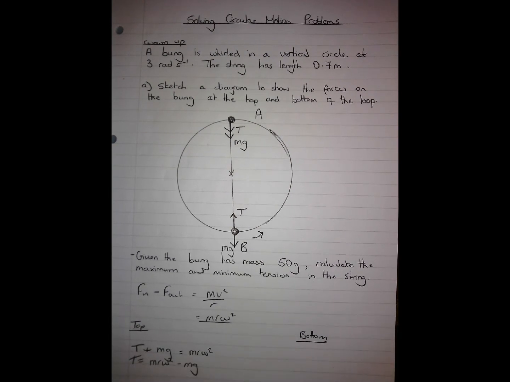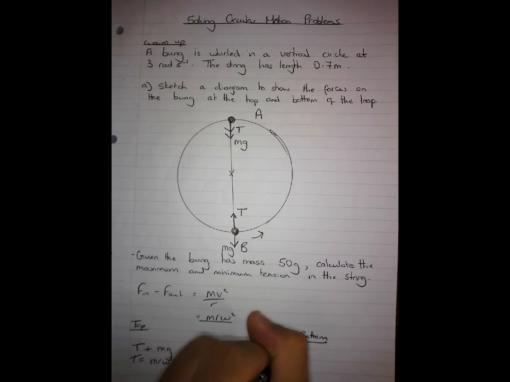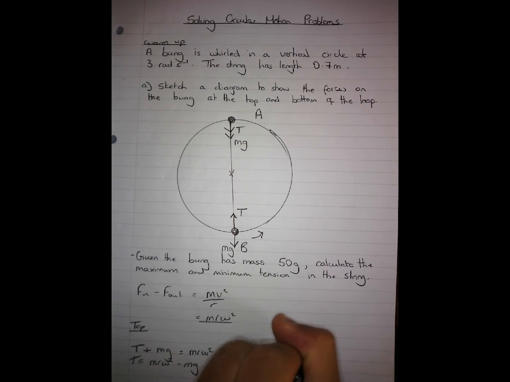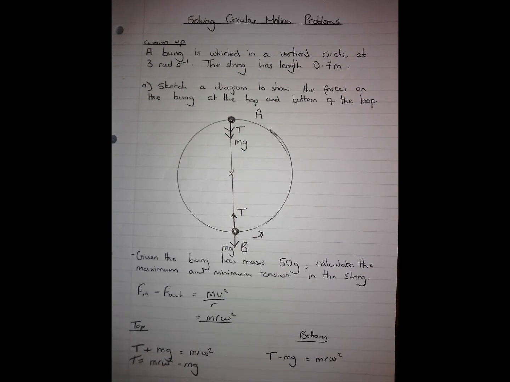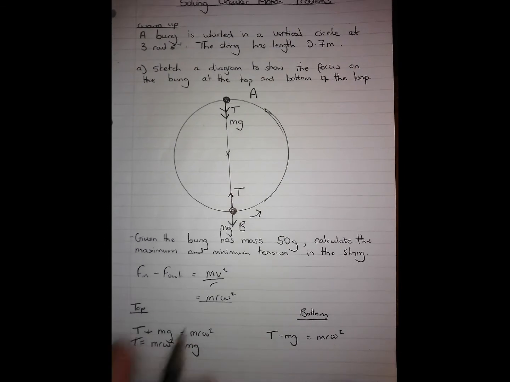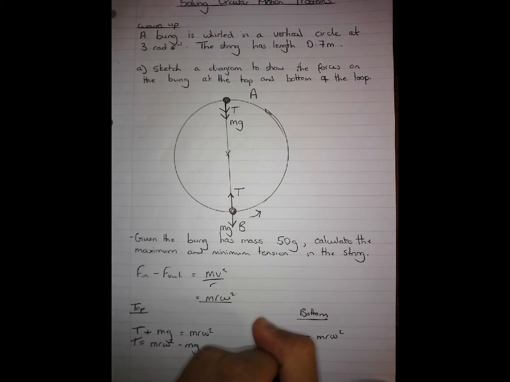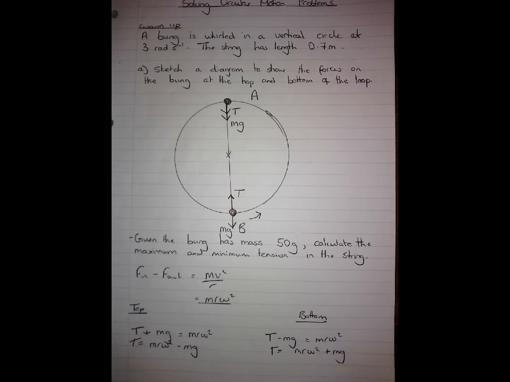And at the bottom of the loop, we're going to do the same thing. Force in, tension in this case. Force out is the weight, T minus mg equals mr omega squared. Again, rearranging for T, T equals mr omega squared plus mg.